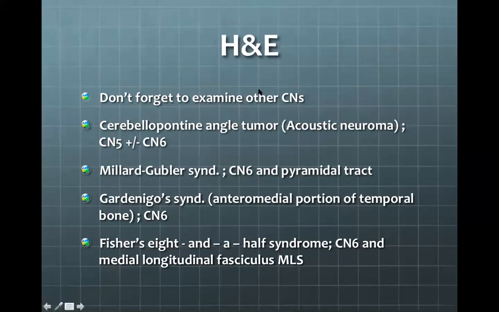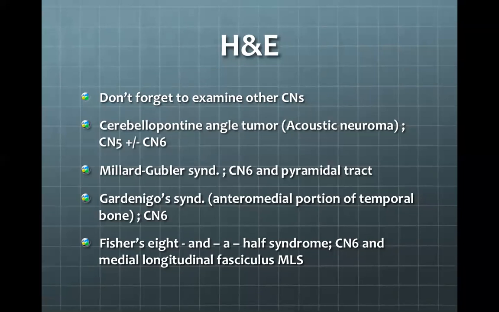And always don't forget to examine other cranial nerves, because involvement of other cranial nerves will direct you to brainstem origin, like in acoustic neuroma or other cerebellopontine angle tumors, you can have cranial nerve 5 with or without cranial nerve 6. In Millard-Gubler syndrome, you would have also cranial nerve 6 palsy and pyramidal tract involvement, causing contralateral hemiplegia.